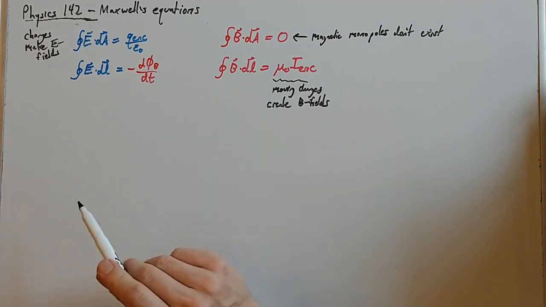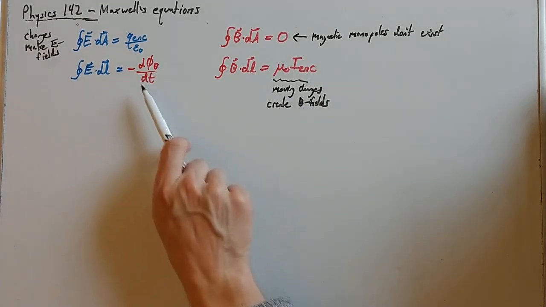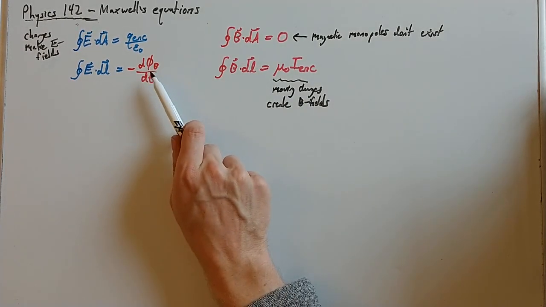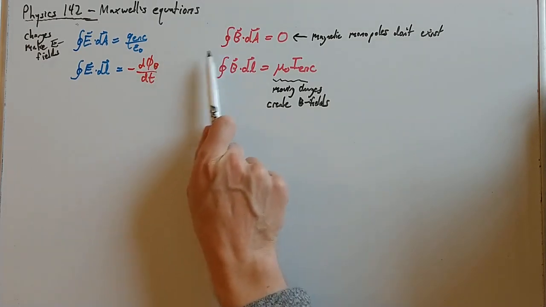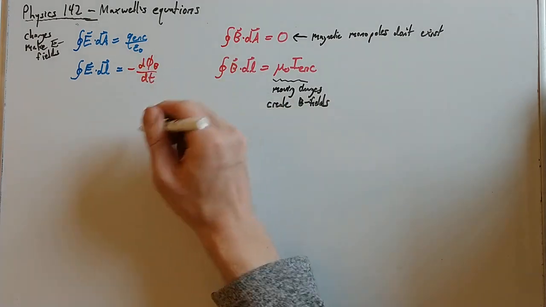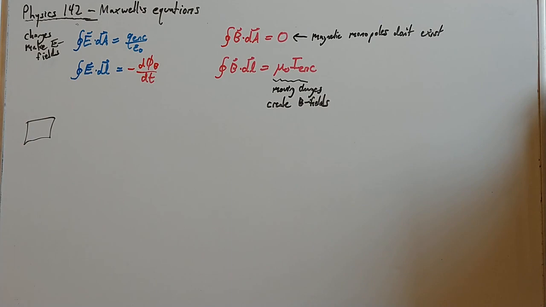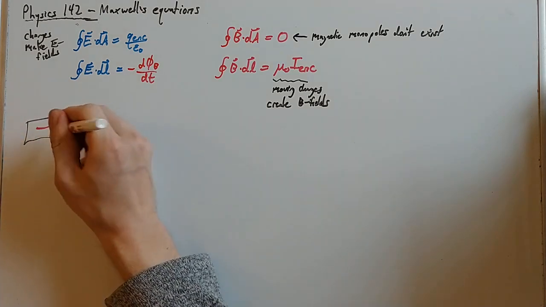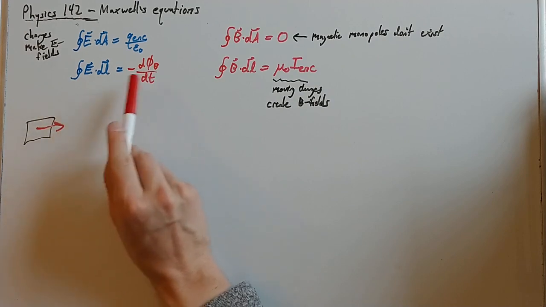But things have gotten a little bit more complicated recently because we realized that if you change the magnetic field, specifically if you change magnetic flux, so this isn't a closed surface anymore, but just the flux through some window, if we change that flux, then that ends up being another way of creating an E field.